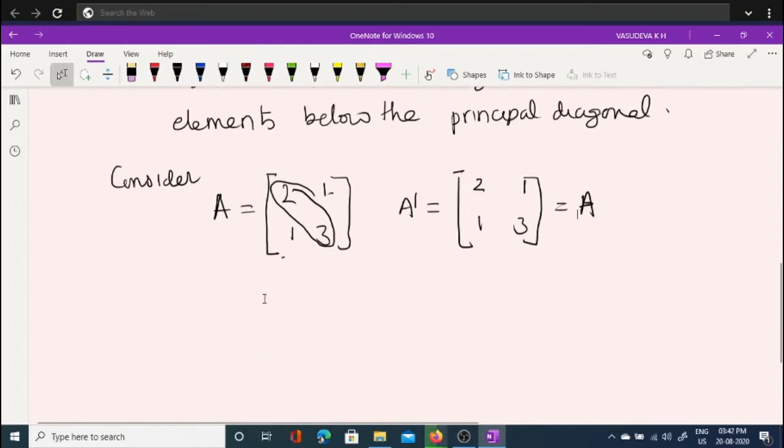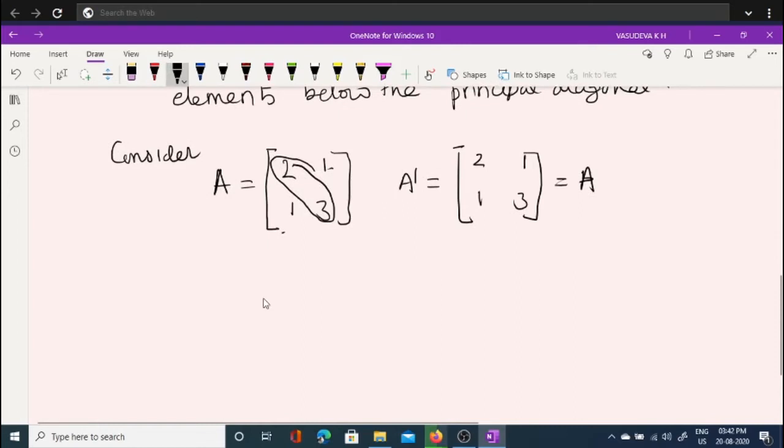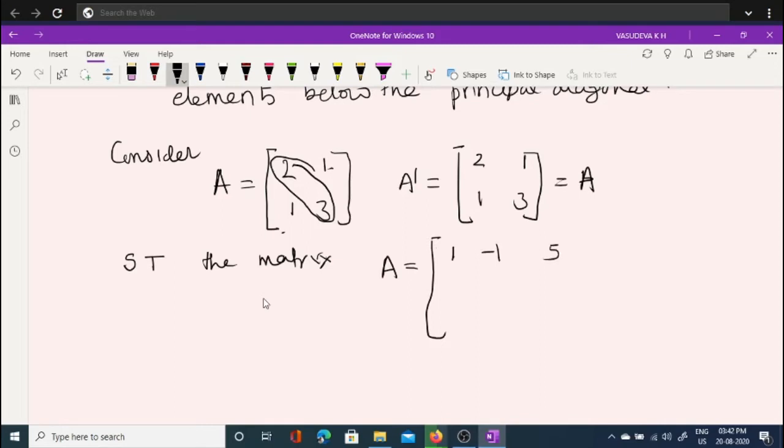So take another problem. Show that the matrix A equals 1 minus 1 5, minus 1 2 1, 5 1 3 is a symmetric matrix.